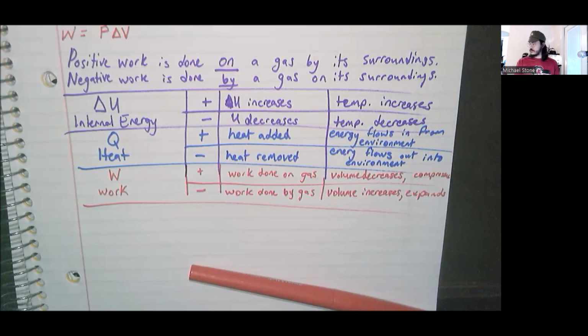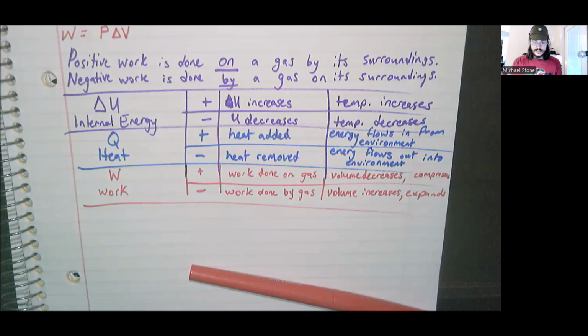Another situation for you. You heat a cylinder with a movable piston slowly. Now, if you heat it slowly, the gas expands slowly, and that's going to keep the temperature constant. So as it's heated, it expands, keeping the temperature the same.